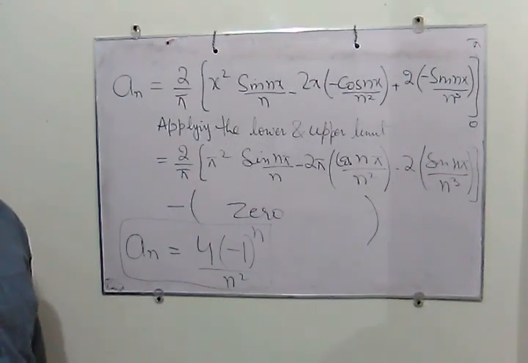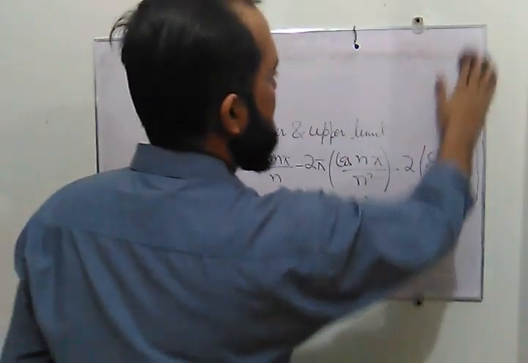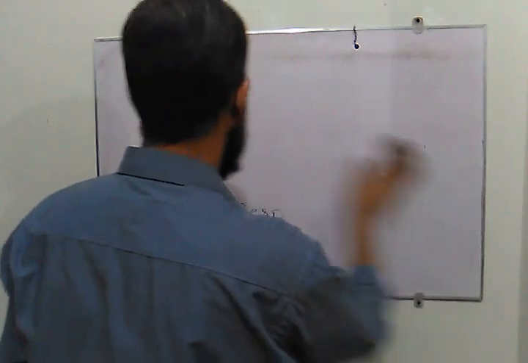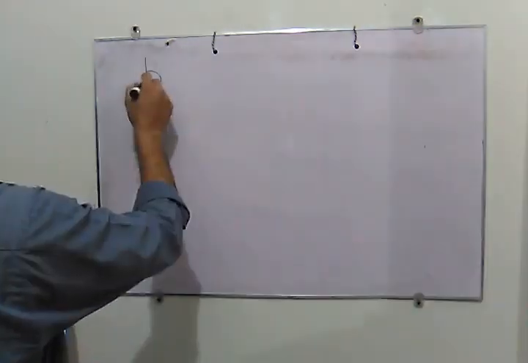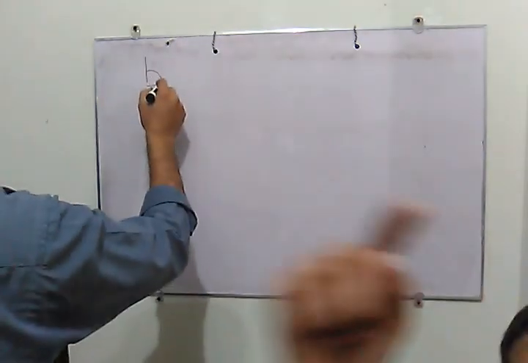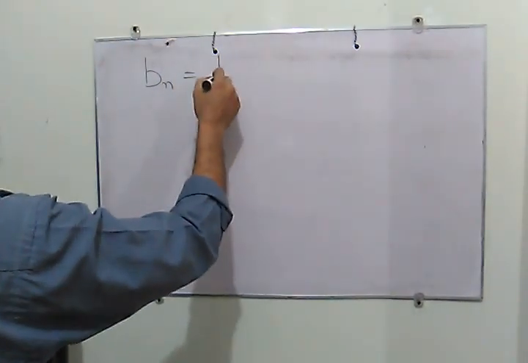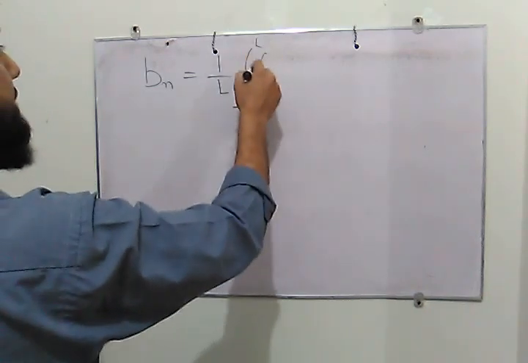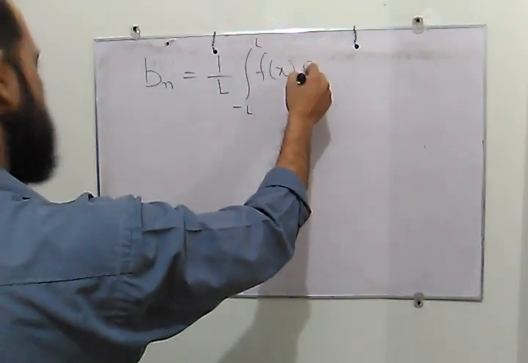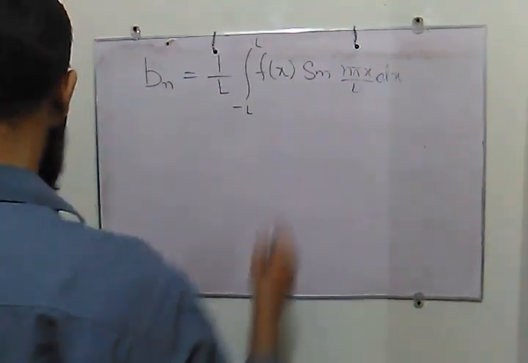So we have found a naught and an. Let's see about bn. Bn is 1 upon L, integral from minus L to L, we know the formula, f of x sine n pi x upon L dx.